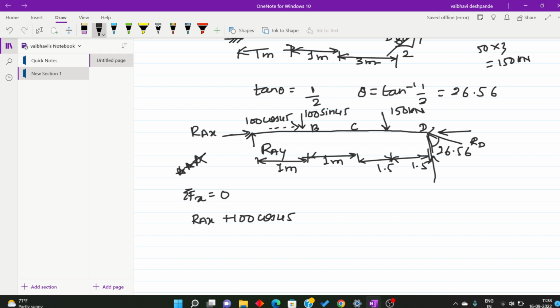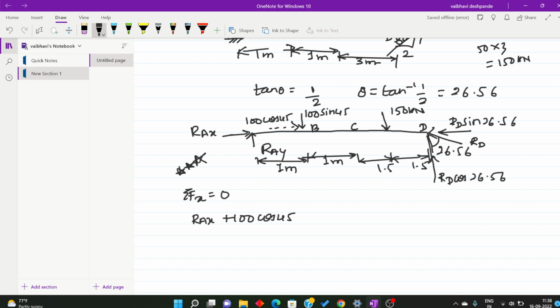Here the vertical component will be RD cos 26.56 and the horizontal will be RD sine 26.56, because the component next to the angle will be cos of the angle.